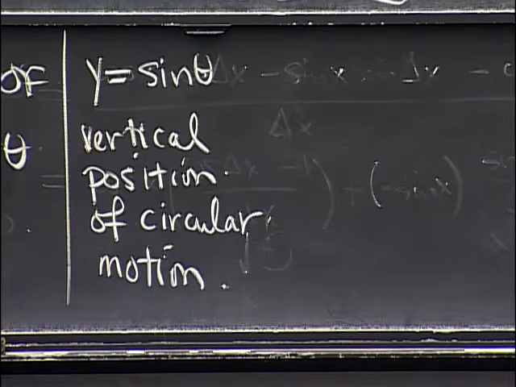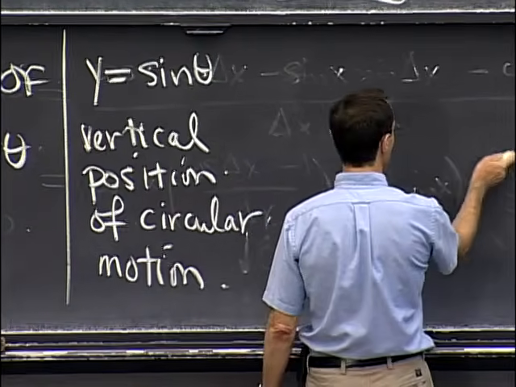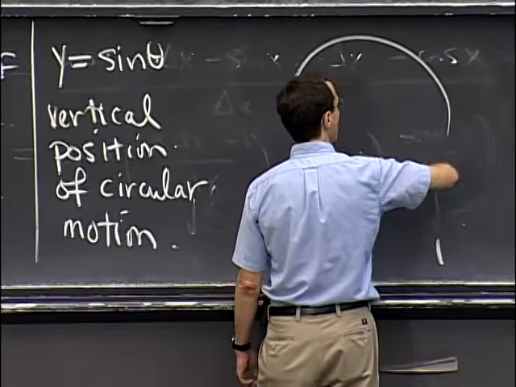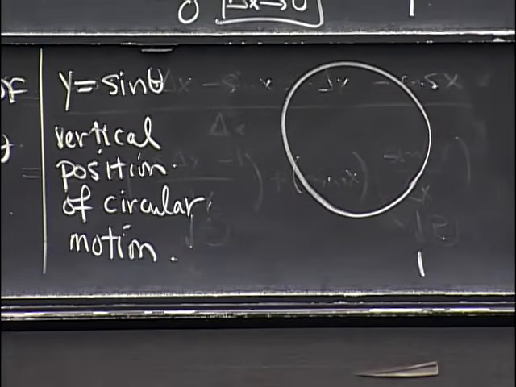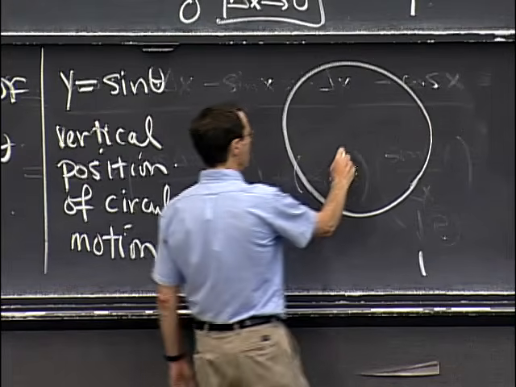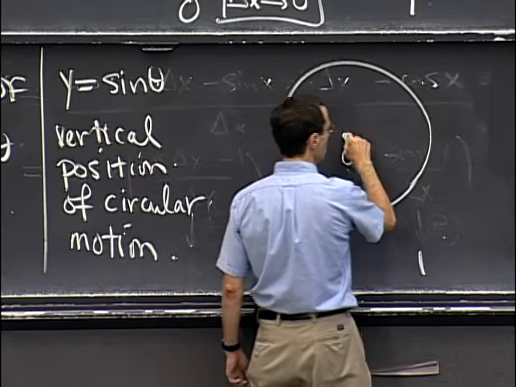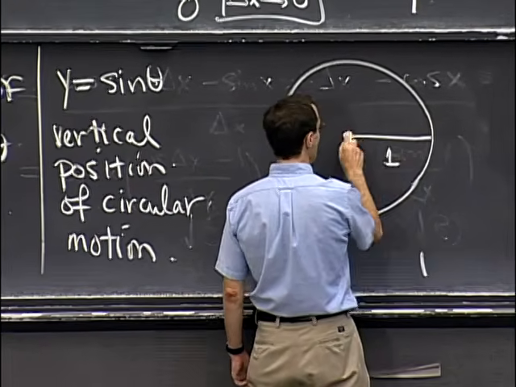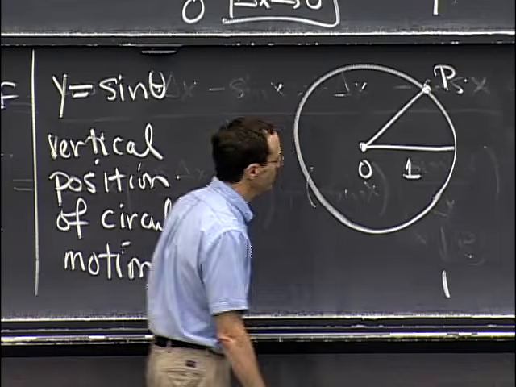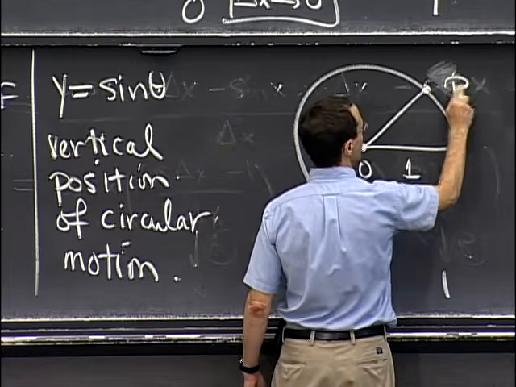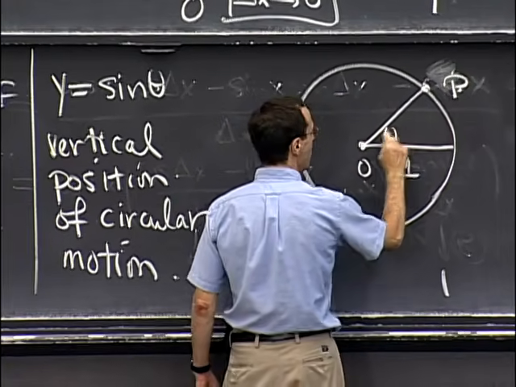I'm imagining that some particle is going around in a circle. Here's the circle, here's the origin, this is the unit distance, and right now it happens to be at this location P. Maybe we'll put P a little over here. And here's the angle theta.